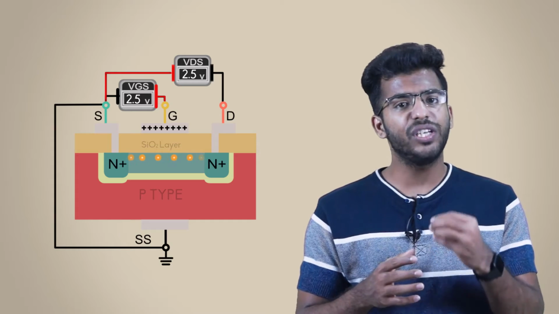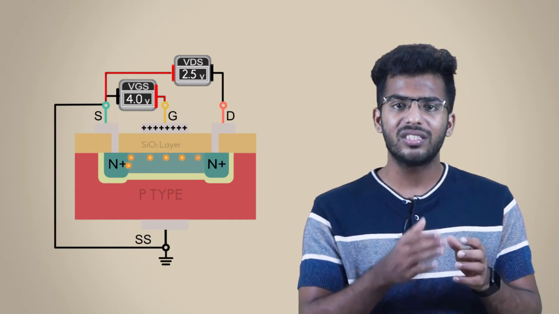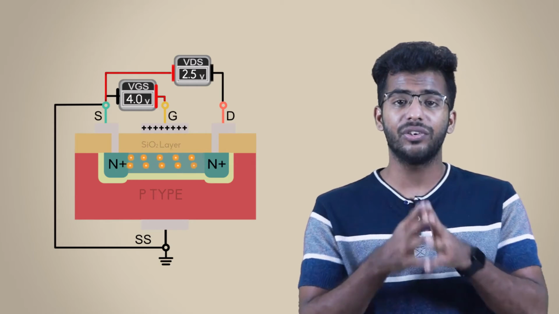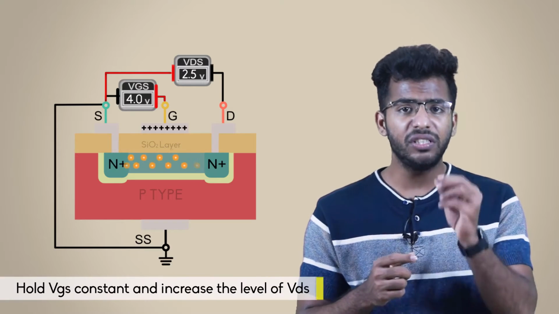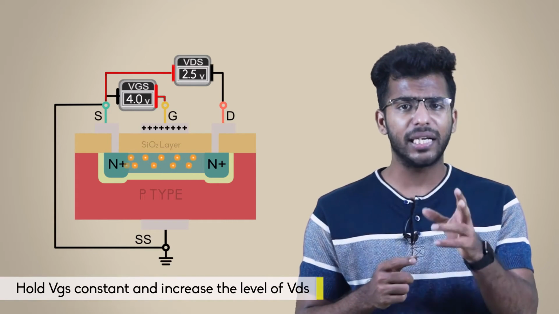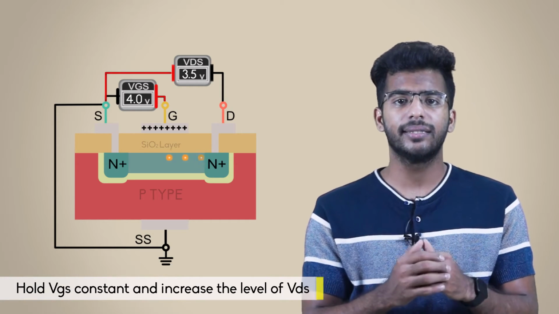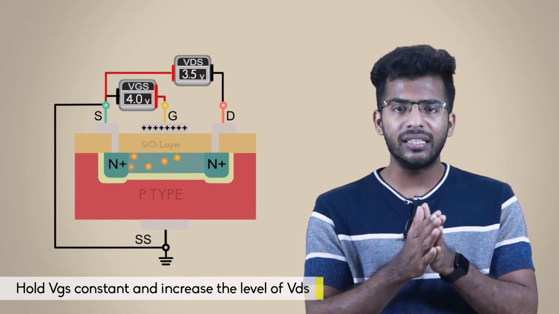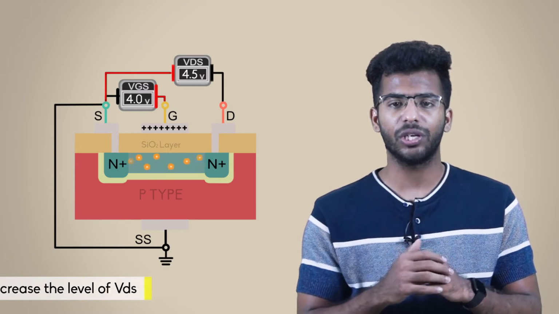If we increase VGS beyond the VT value, more electrons start to flow in the channel and the drain current increases. But if we hold VGS constant at some particular value and only increase the levels of VDS, then the drain current increases linearly with VDS and reaches a saturation level.